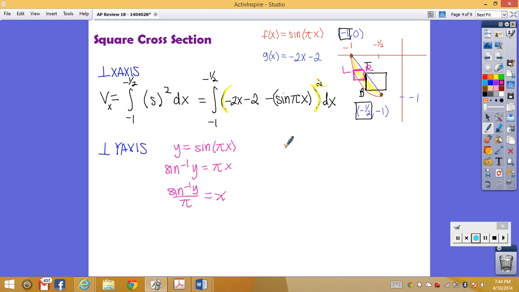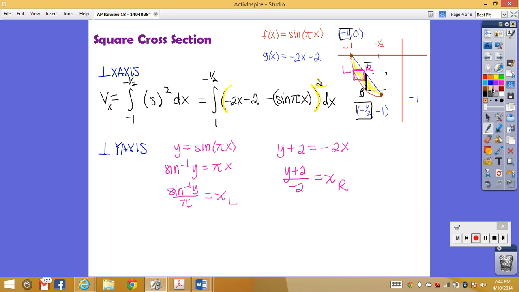And then the other equation would be y plus 2 is equal to negative 2x. Therefore, y plus 2 over negative 2 is equal to x. In this case, when I look at the right and left, the right function is the line, and this is my left function.